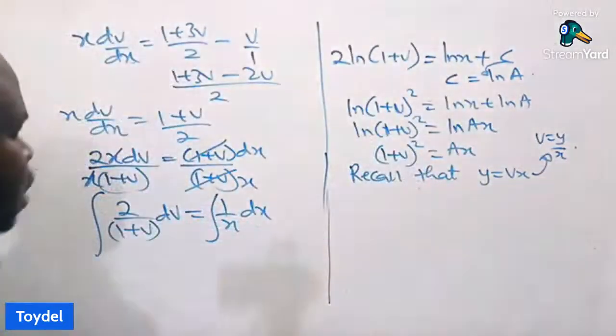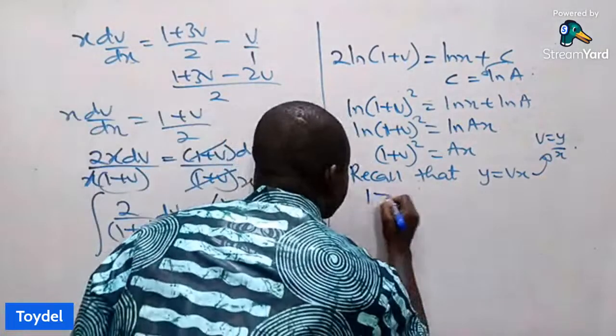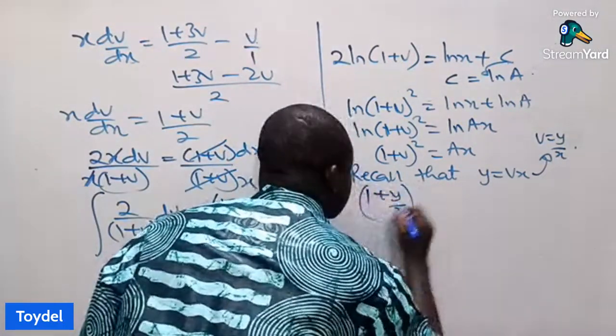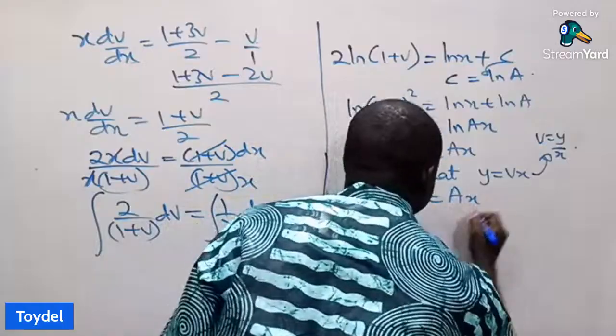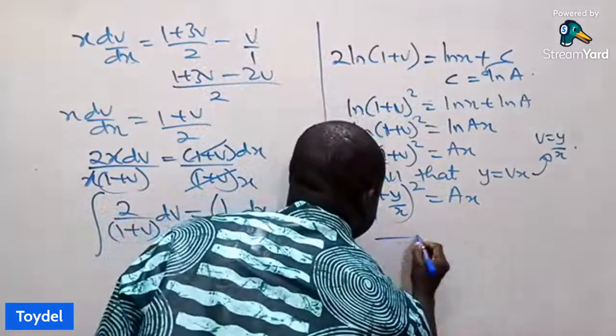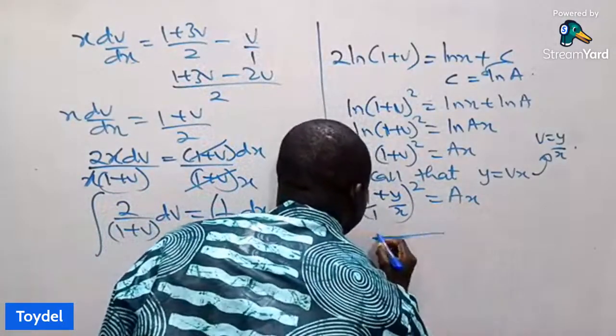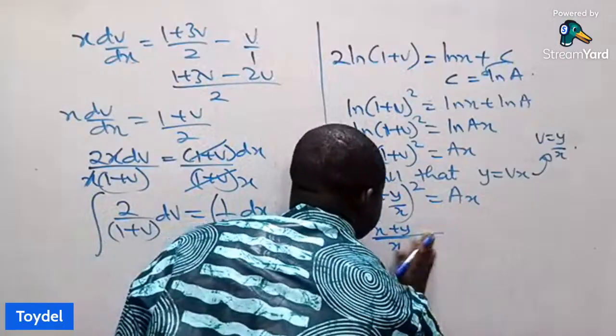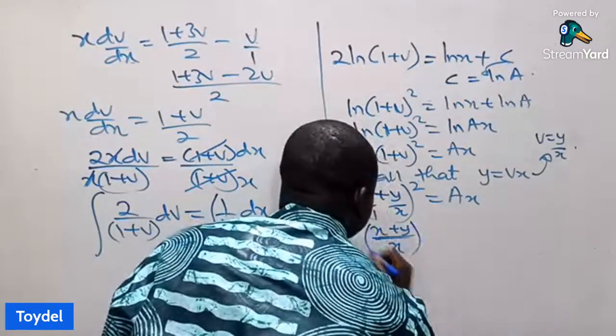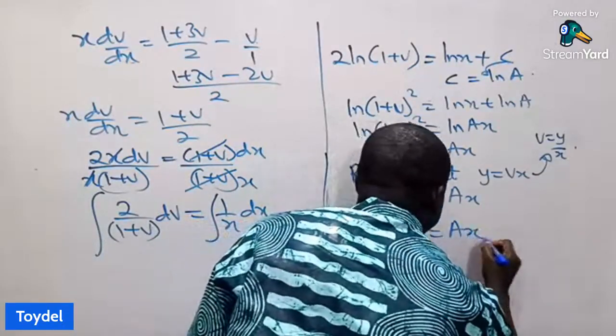Whenever I say v here, I'll change it to y/x, so that I'm going to have (1 + y/x) all squared equal to ax. And then if you take the LCM, it will be x here. So we have (x + y) all squared equal to ax.